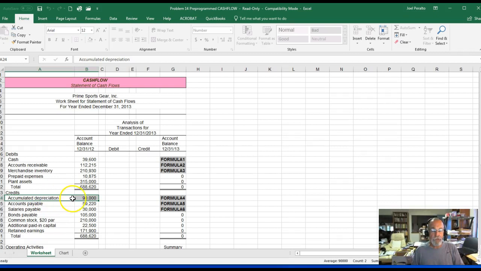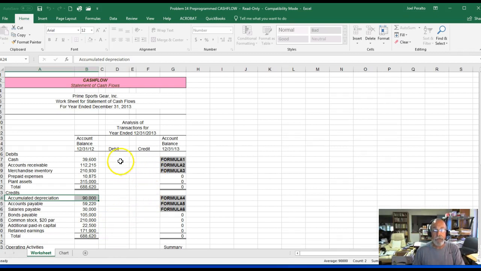So if we were to do that, if we were to take this $90,000 credit and reduce the asset total up above, then our asset total as well as our liability and equity total would be the same amounts as are reflected in the textbook, and that amount is $598,620. So basically we're working with the same information as in the text for 2012, 12/31/2012.